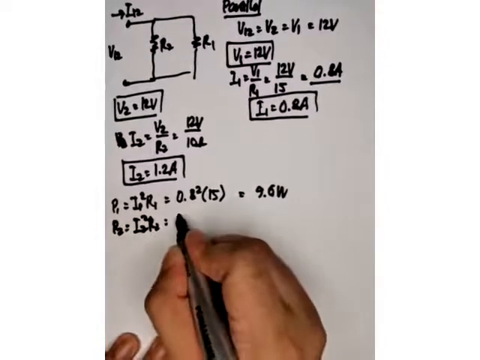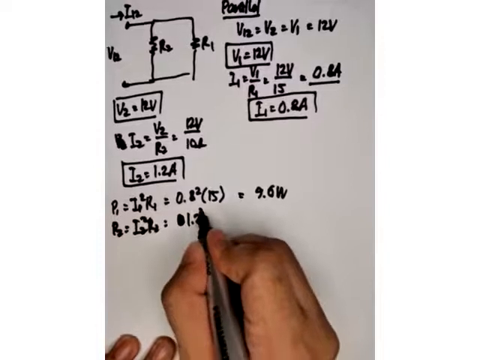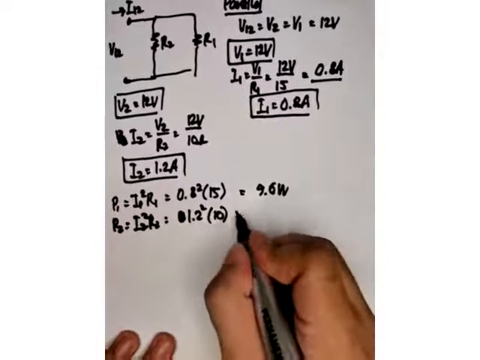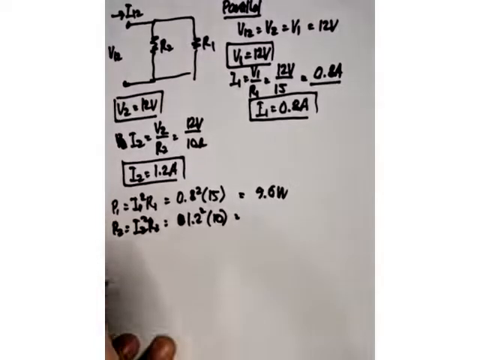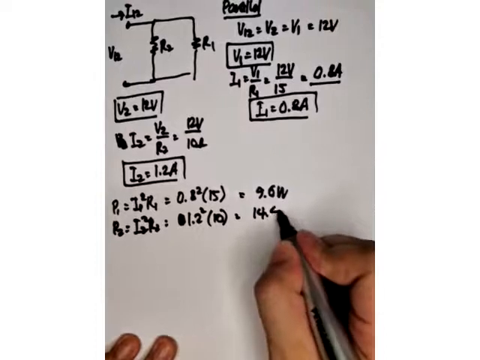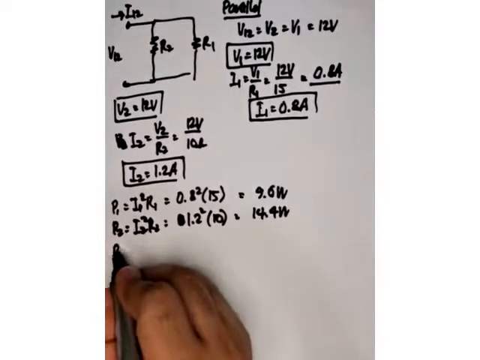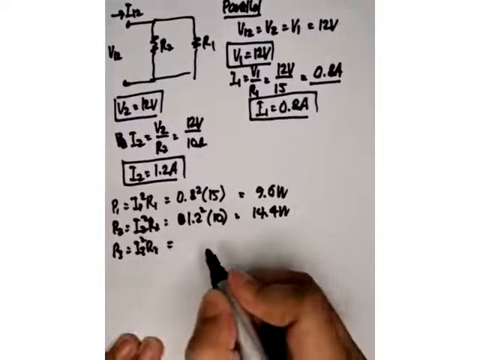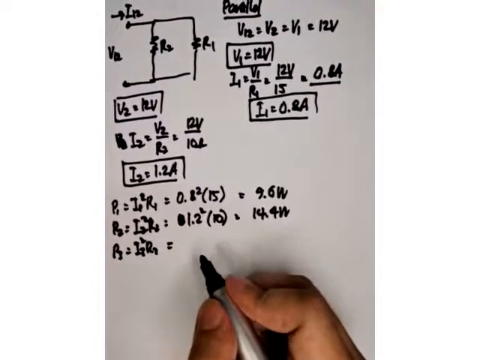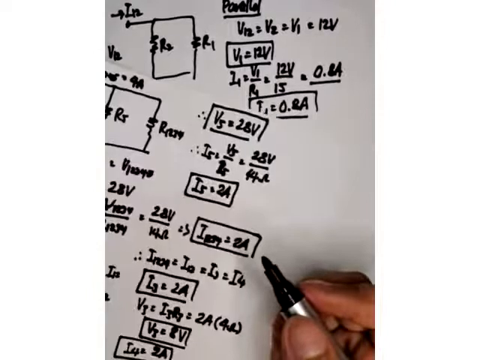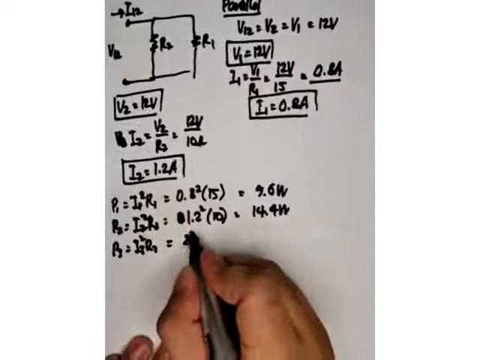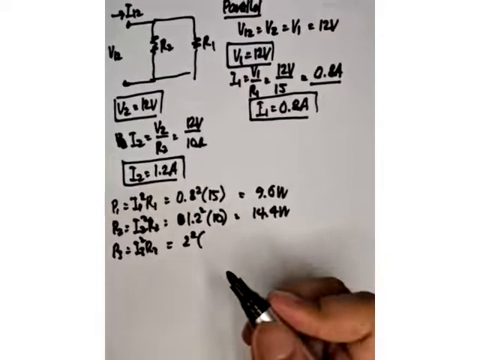So that's 1.2 squared times 10. 14.4 watts. Then P3, I3 squared R3. So I3 is 2 amperes times R3.